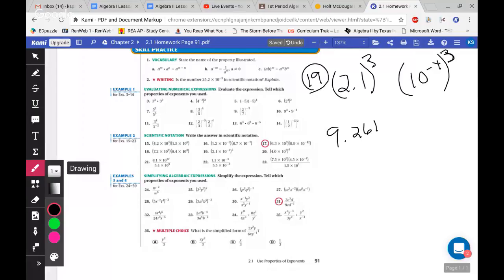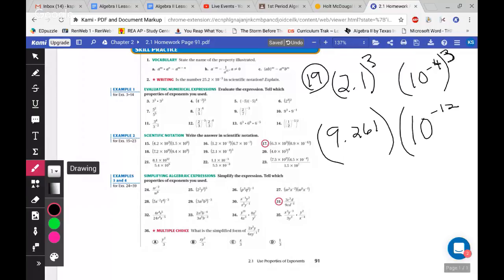And then by my exponent rules, I'm going to be multiplying that really nice looking negative 4 times 3 in that second part, which is going to be 10 to the negative 12.